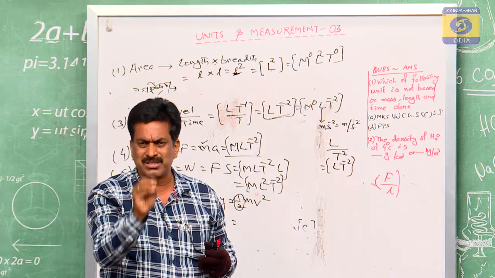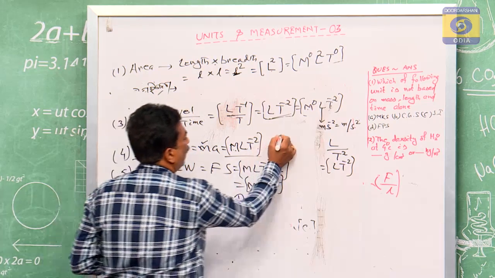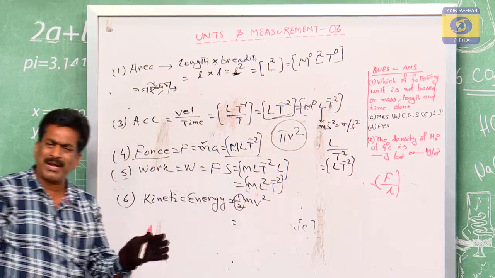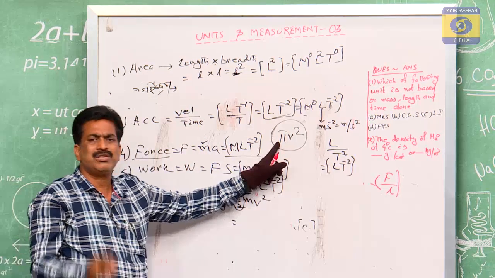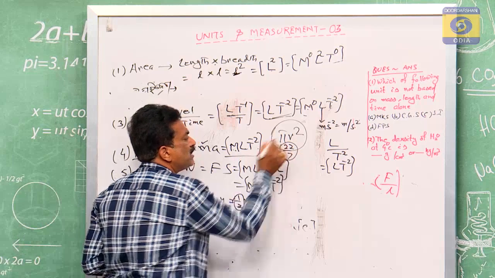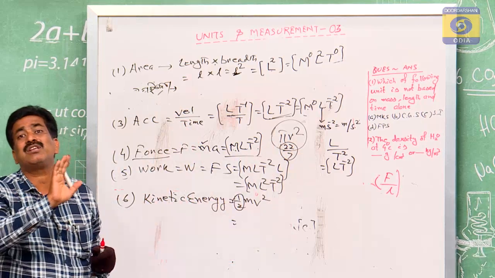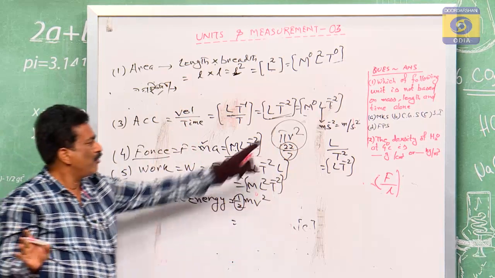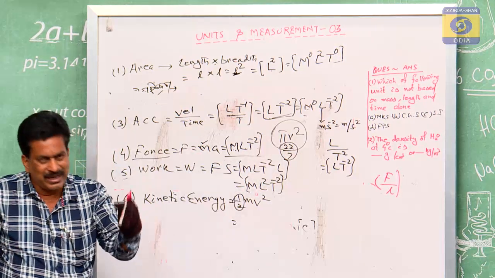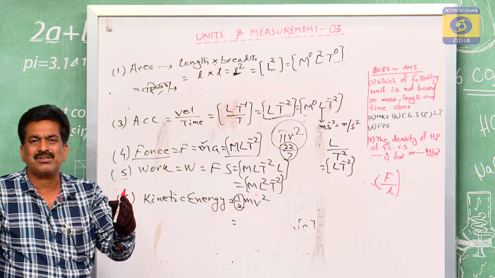Or any constants. Suppose we say the area of the circle is pi r square. Pi is a constant, that is 22 by 7. So this is a constant number, it has no dimension, only r square. R is what? Radius. Radius is a distance. What is the dimension of distance?